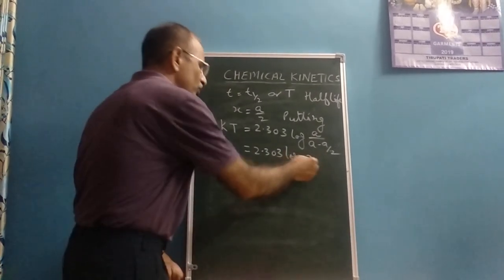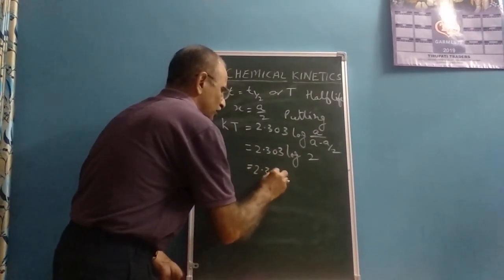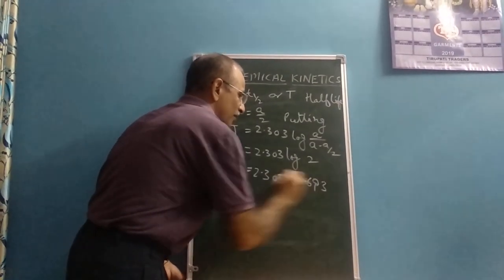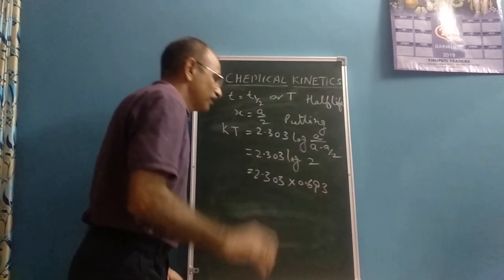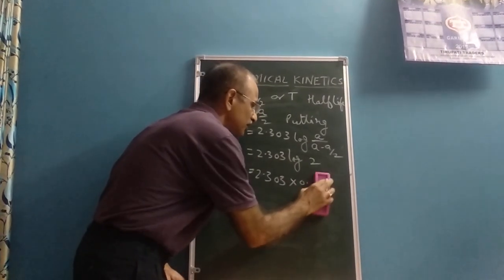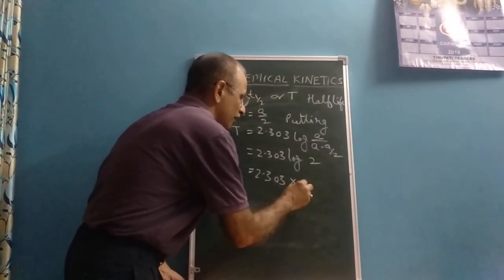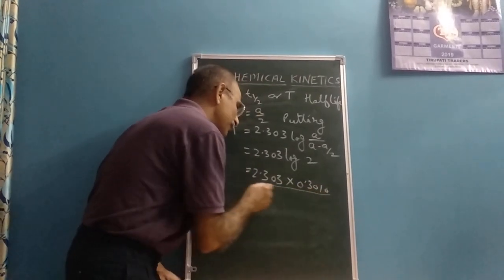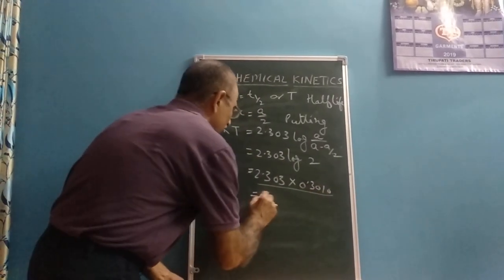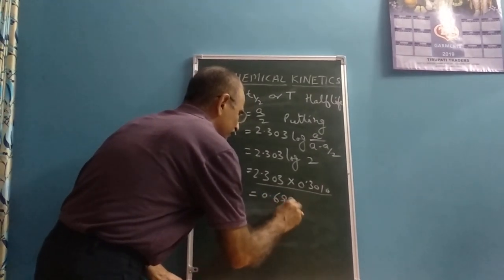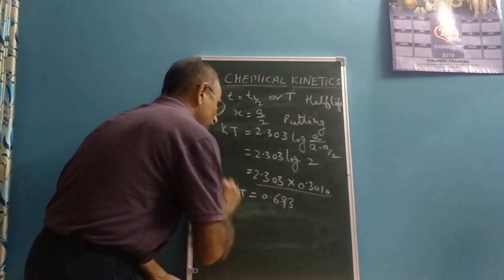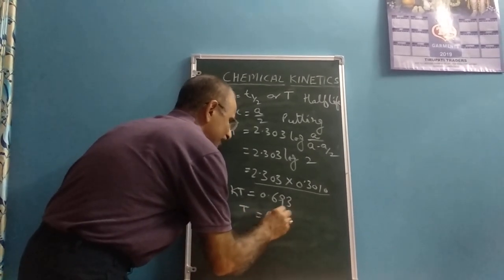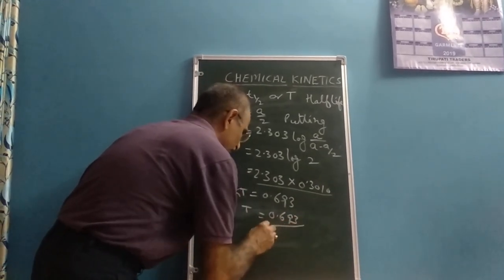Now log 2 is 0.3010. Multiplying 2.303 by 0.3010 gives 0.693. Then kT equals 0.693, so T equals 0.693 by k.